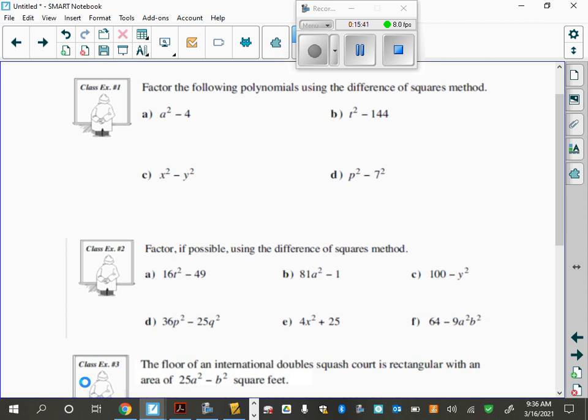Why is that going round and round? Odd. Makes me nervous.